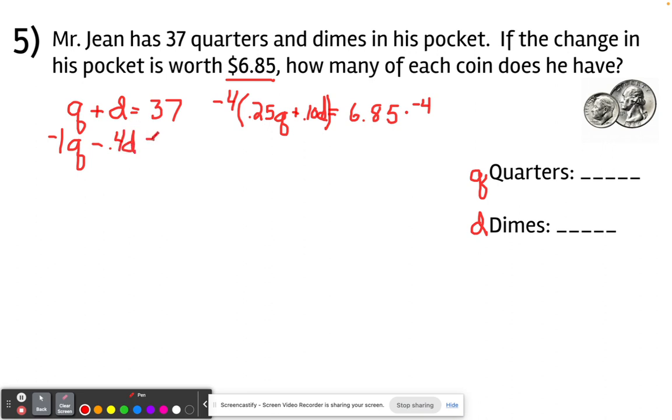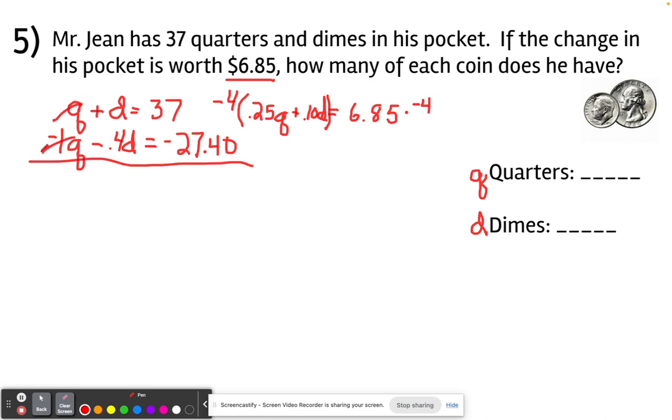And $6.85 times 4, I don't know what that is, so I'm going to multiply that. It will give me a negative 27.40. Okay, so now my q's cancel out.